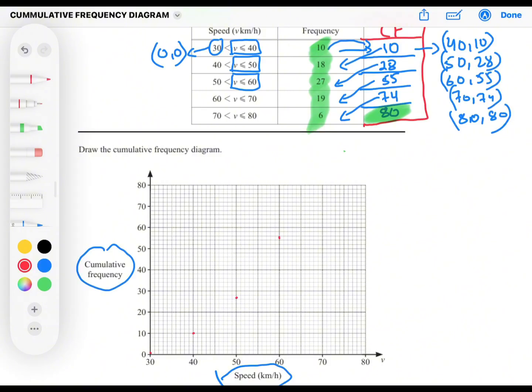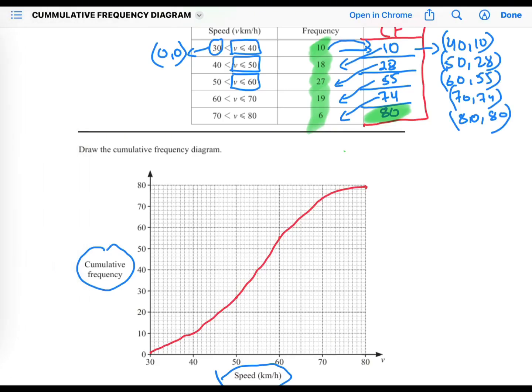Then at 70 we have 74, and then at 80 we have 80. When we make a cumulative frequency graph, it will not be a straight line, remember that. It will look like this. So we have done it.